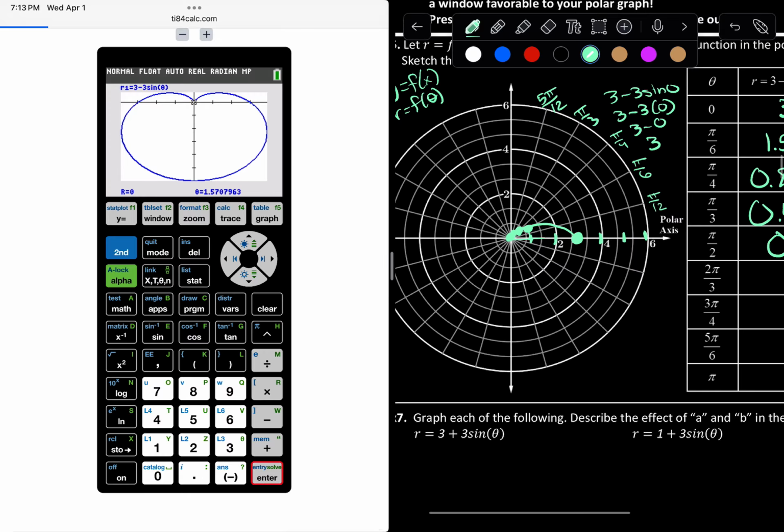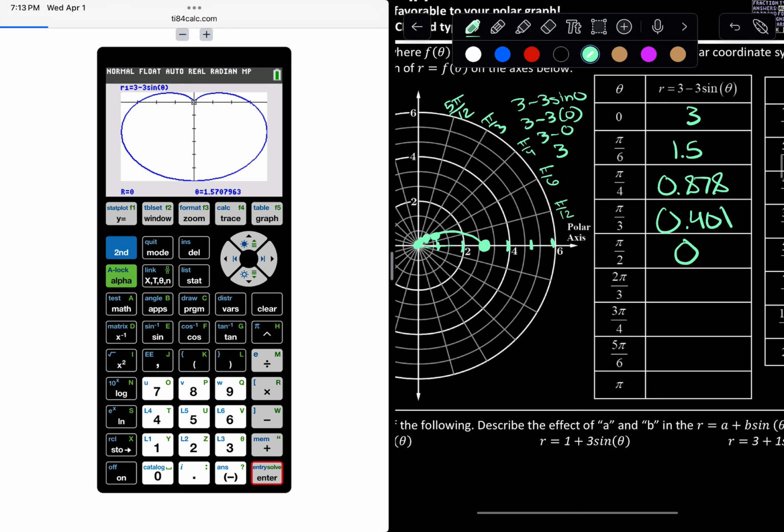Now, if you notice, this has symmetry, all right, which means my values after I bounce through the pole are going to resemble the values that I had before I entered the pole. So my first value exiting the pole will be the value that I had at pi over 3, which is going to be the 0.401. And then my 3 pi over 4 will have the same value as pi over 4.